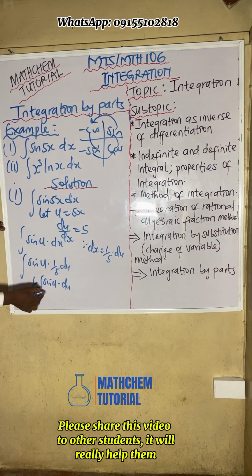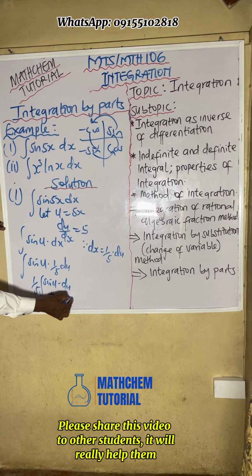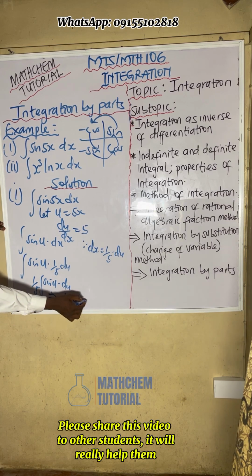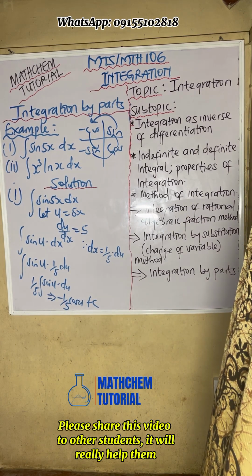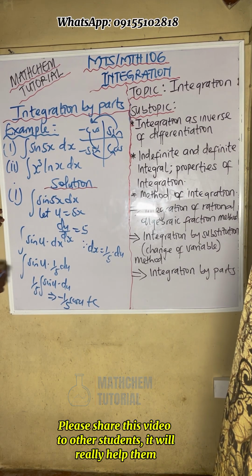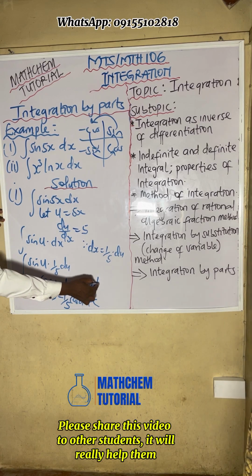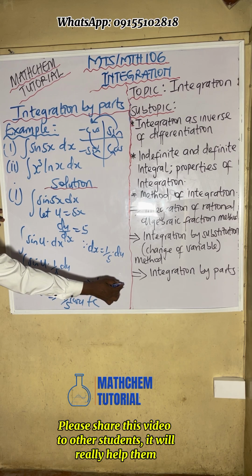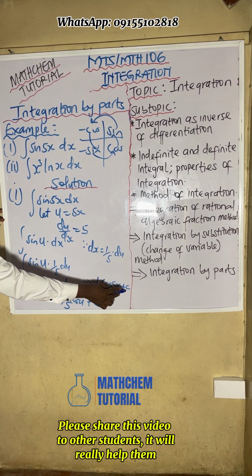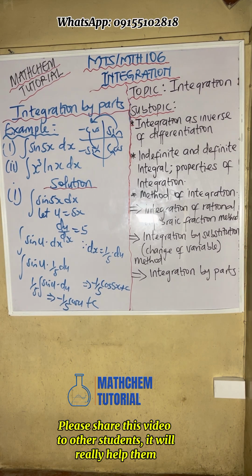So my answer is minus 1 over 5 cos u plus c. Now what is u? u is 5x. So finally, I have minus 1 over 5 cos 5x plus c.